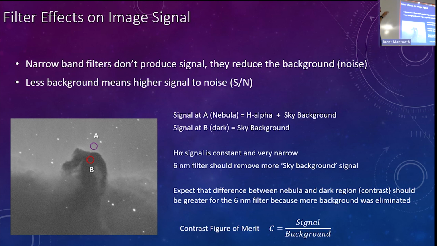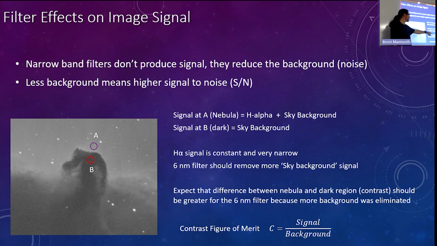So narrower filters don't produce more signal. What they do is reduce the background more. If we were to look at a region that should be bright, call that region A, and a region that should be nothing but sky glow and light pollution locally around us, we'll call that B. I want to look at the contrast figure of merit between those 2.